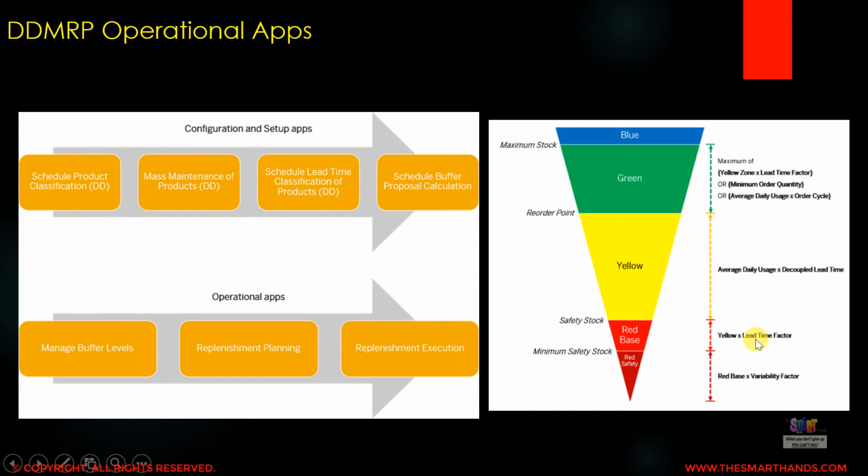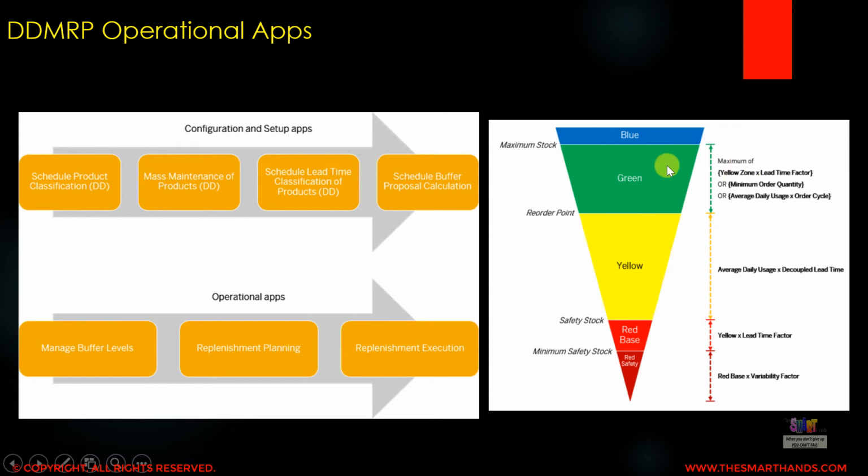Now what is the lead time factor? We'll discuss that in the next video. And once the safety stock is done, the system will calculate the minimum safety stock, where the formula is the red base multiplied by the variability factor. So whatever the red base is, for example say 30, then 30 is multiplied by the variability factor. Again, we'll discuss the variability factor in the next video.